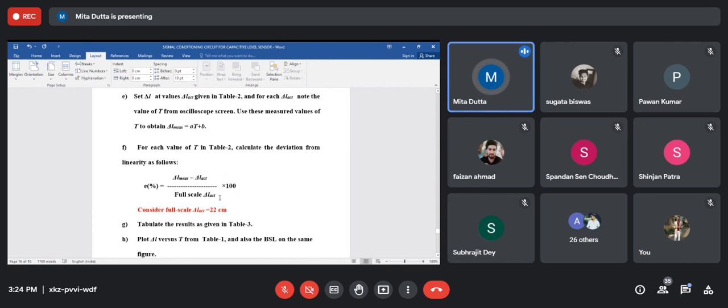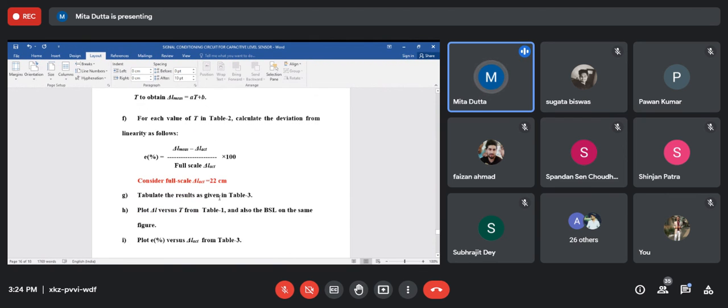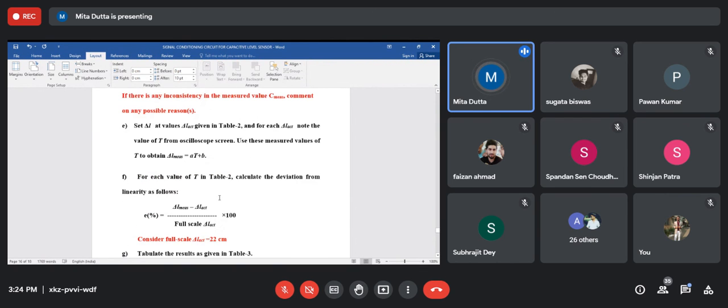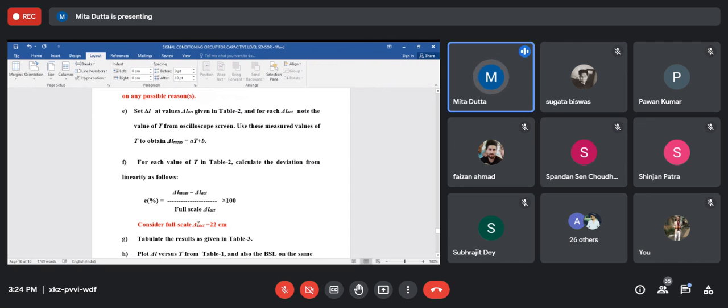When we find the percentage error, it is actual minus measured, or measured minus actual, that means test value minus true value, divided by the full scale value. Here the full scale del L actual is taken as 22 centimeters.